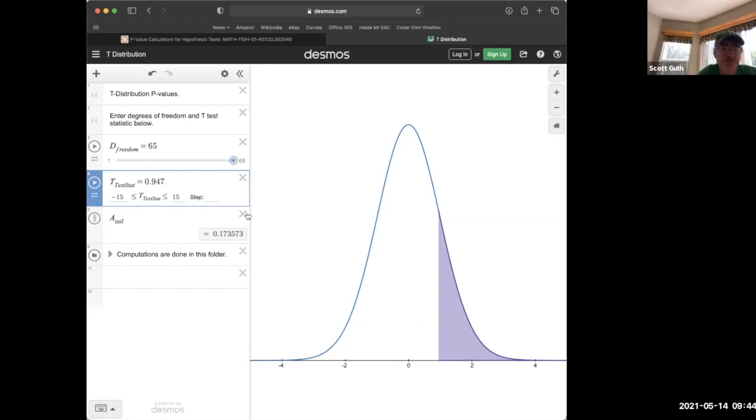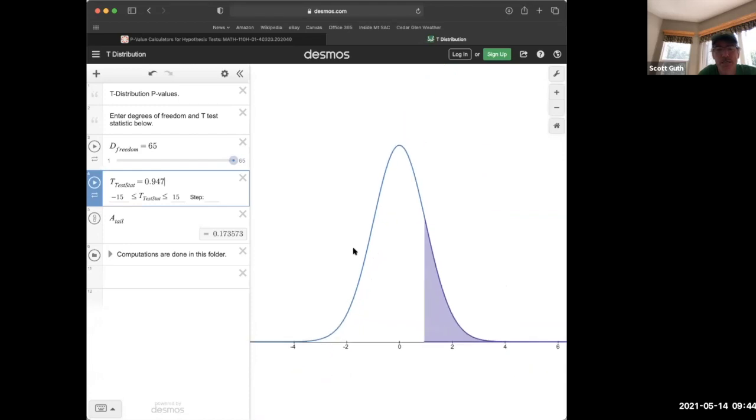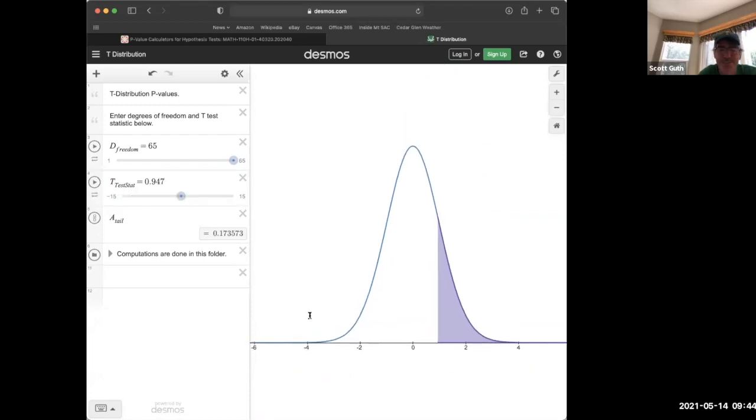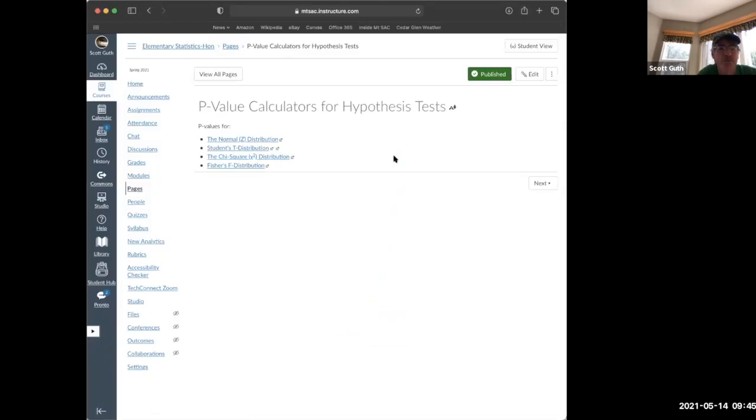So you're welcome to use this on the exam, and I'll make sure when I write it that I'll accept either answer, whether you do it from the table or from these t-distribution calculators. And there's all the probability distributions. All the probability distributions, the normal distribution, you can do p-values on this link on the top.